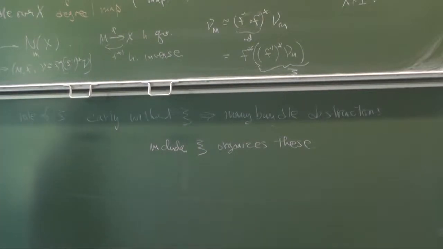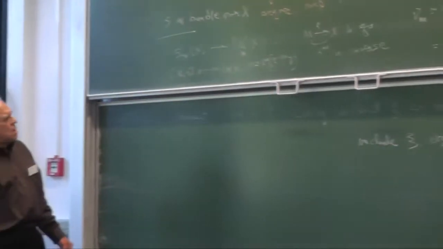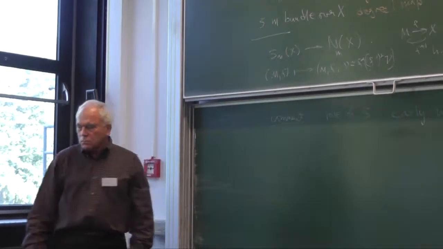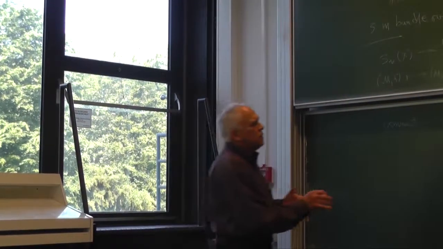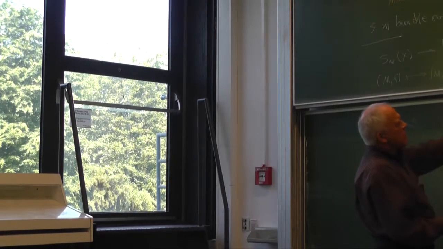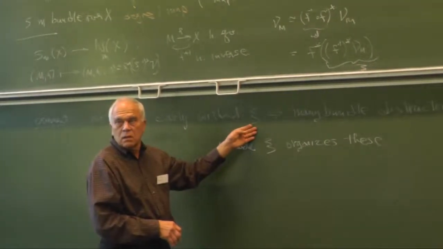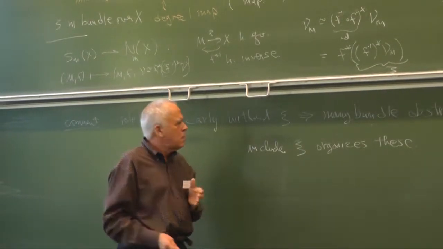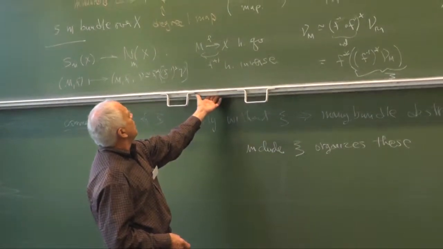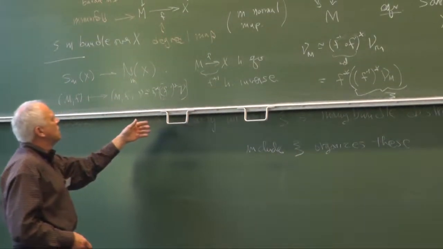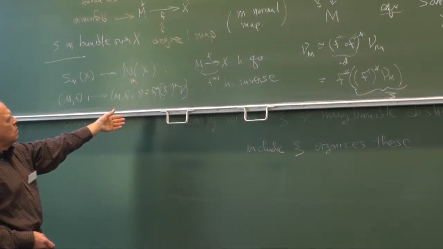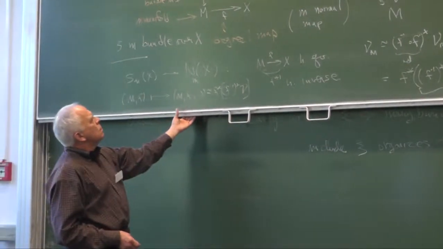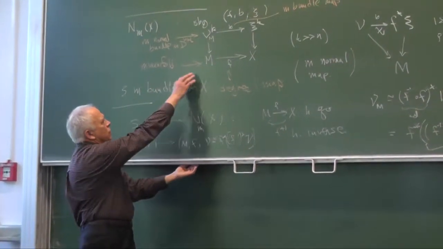I think it was Browder and Wall figured out that you could avoid getting bundle obstructions during the construction by assuming the existence of a bundle here, and then the obstruction becomes very uniform. In particular, it doesn't depend on the category. What we'll see is that there are three versions here.